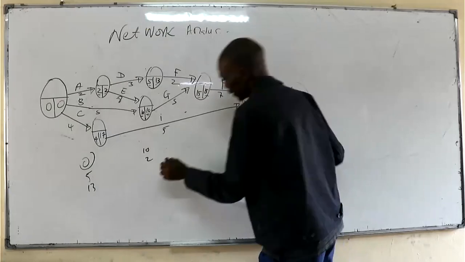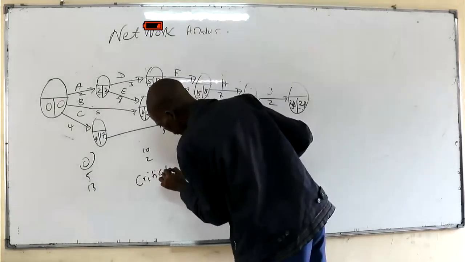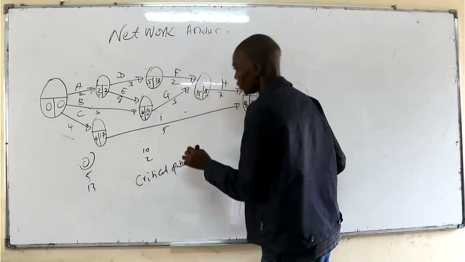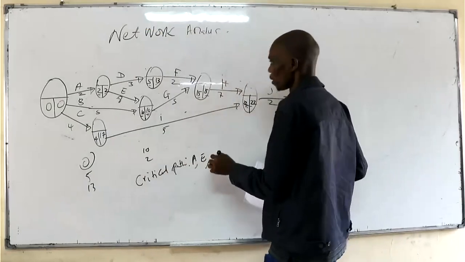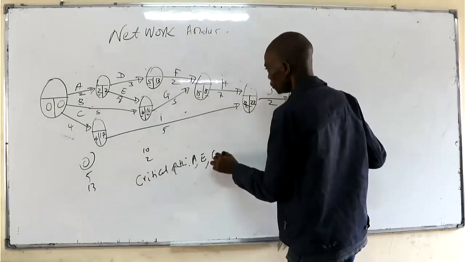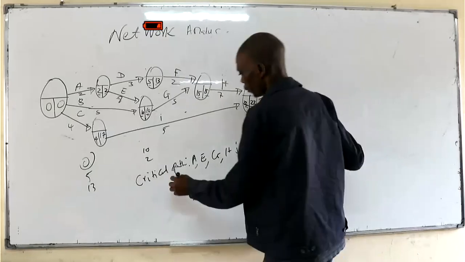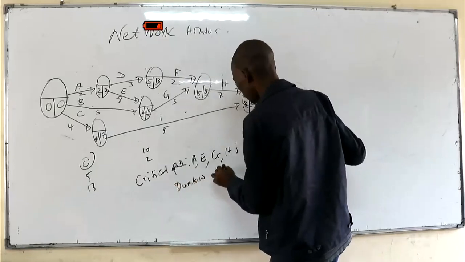So the critical path based on our analysis is basically A, E, G, H, and J. And the project duration, as you have determined there, is 24.